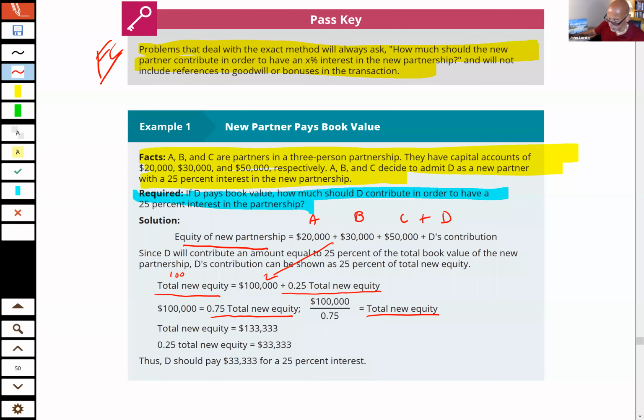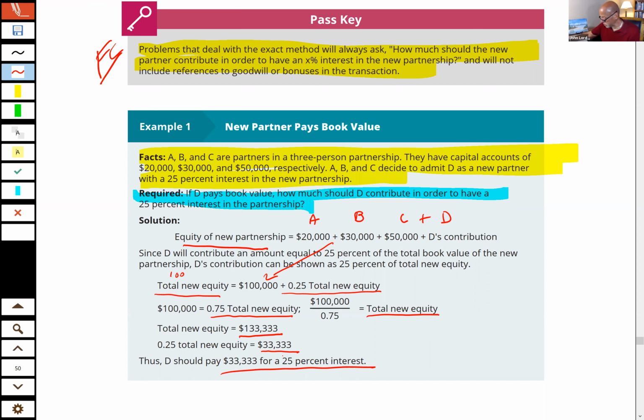It's 133,000. And since there's already 100,000 in there, or if you just took 25% of the 133,000, that means D has to contribute 33,333 to get a 25% interest in the partnership. Question? Okay, good. Not too bad, right?